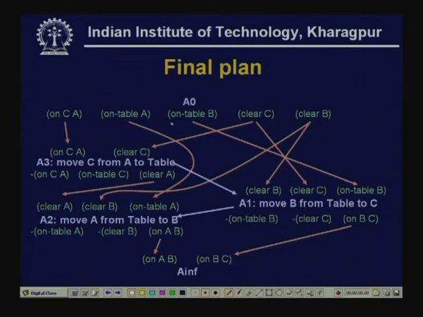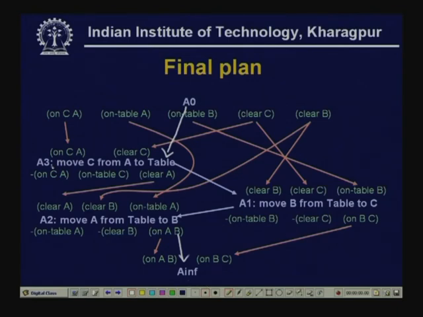So, to protect this unsafe link, we must add an ordering constraint from A0 to A3. So, finally, we get a plan A0 to A3 to A1 to A2 to A-inf, which is a plan which meets this goal.